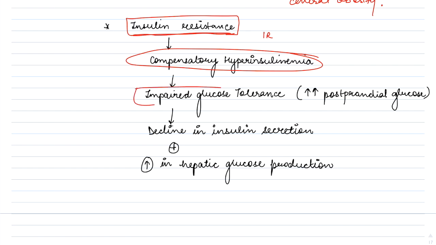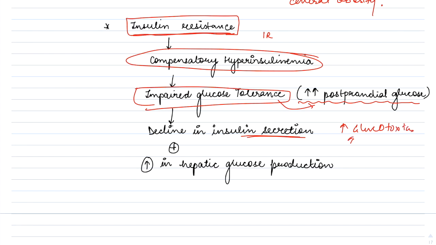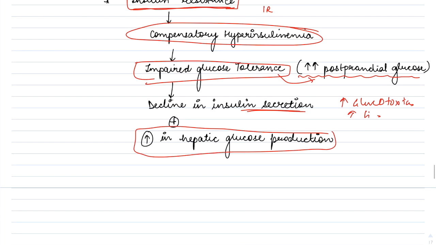That leads to impaired glucose tolerance, manifested as an increased postprandial glucose. Over time, there is a progressive decline in insulin secretion because of the increased glucotoxicity and lipotoxicity occurring in diabetes. Plus, there is also an increase in the hepatic glucose production that occurs in diabetes.